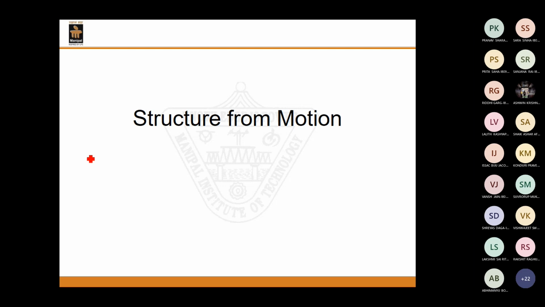Once you have a projective reconstruction, if you want to take some measurements from the reconstructed scene, you cannot do it in the projective space. It has to be done in the Euclidean space, right? Because lengths and angles are preserved only in the Euclidean space. So you will have to convert from the projective space to the Euclidean space, or you can say that from a projective reconstruction you need to rectify it to a metric reconstruction.